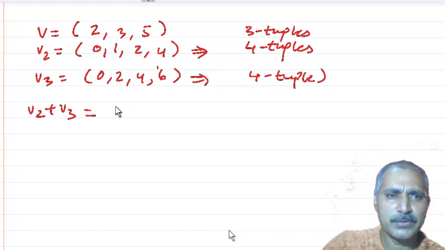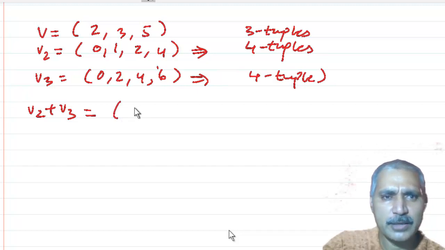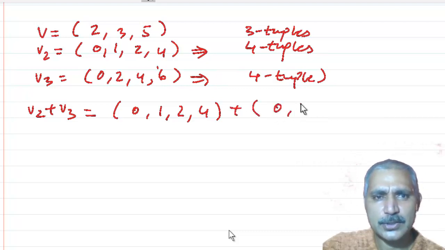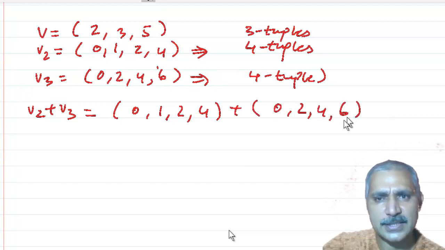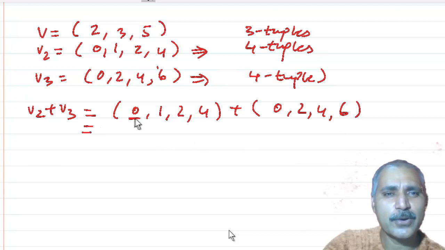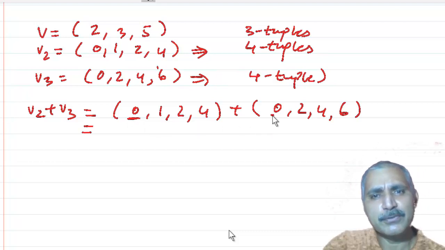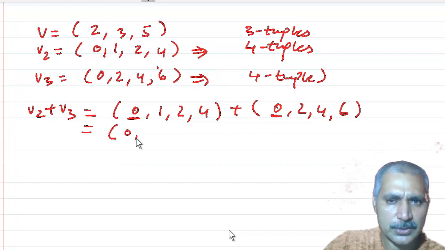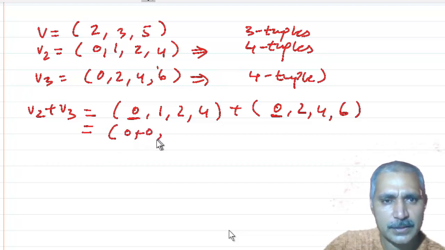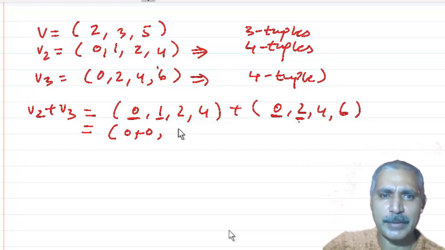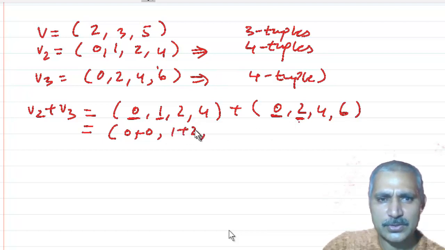Now v2 plus v3: first we write v2's elements 0, 1, 2 and 4, plus v3's elements 0, 2, 4 and 6. When adding 2 vectors, we add the corresponding elements. The first is added with the first, the second with the second. So 0 plus 0 for the first. The second element is 1 and here it is 2, so 1 plus 2.